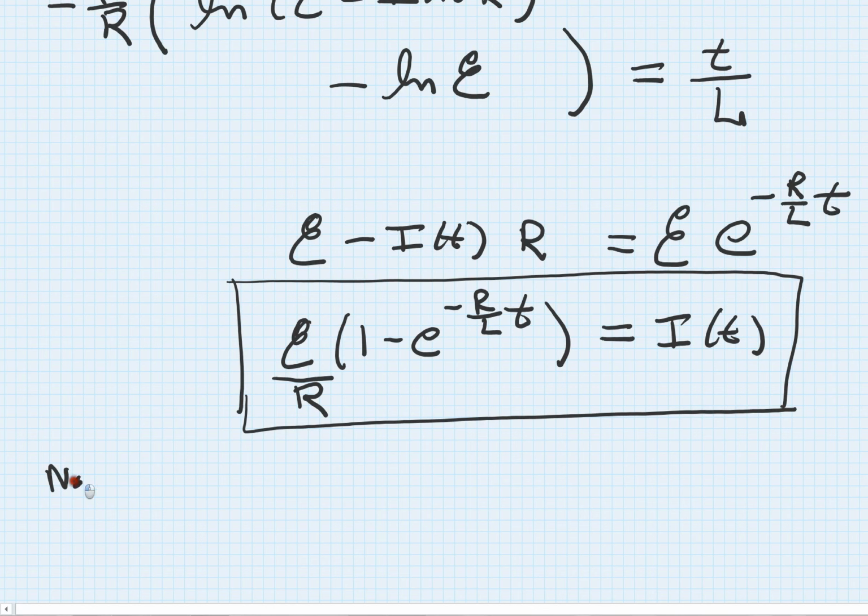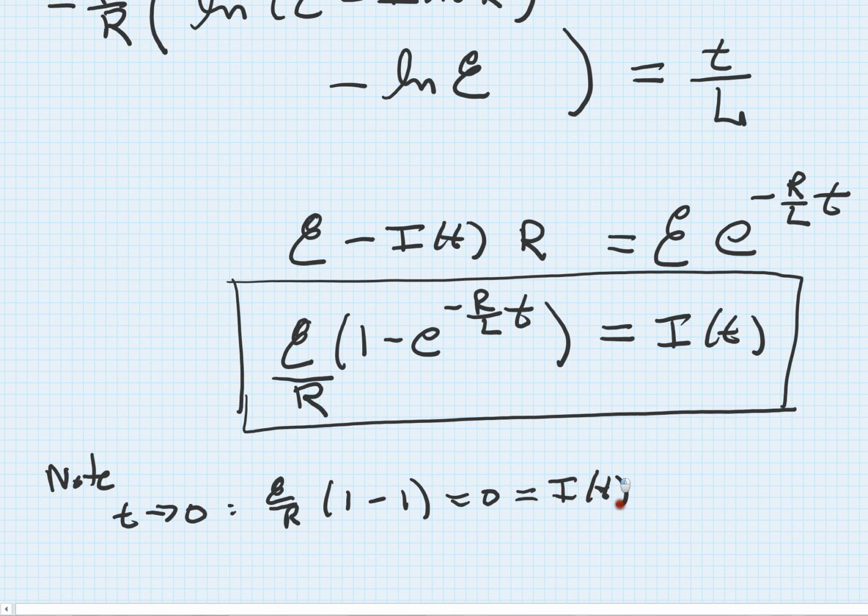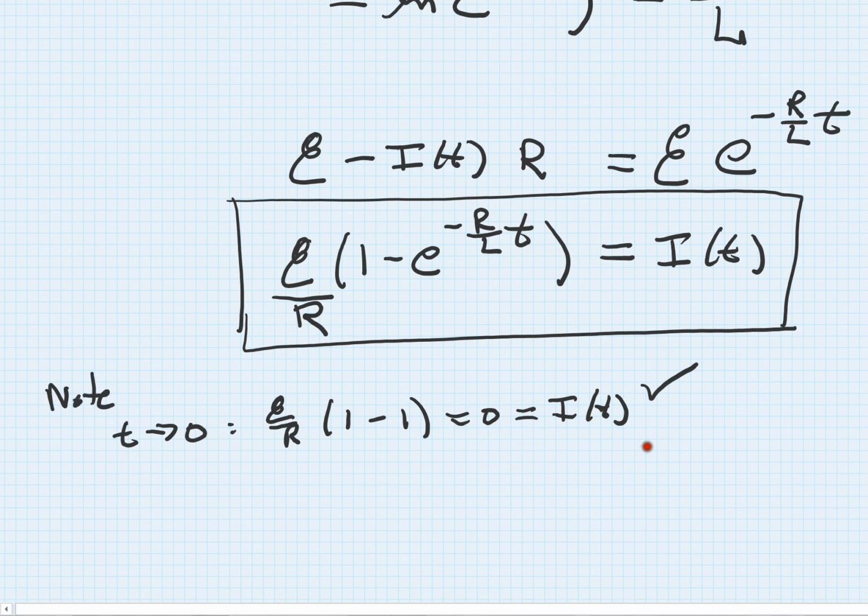Note that for t goes to 0, I get e to the 0, which is 1. So then I have E over r times 1 minus 1, and that gives me 0 for my current. And that's what we had said, right? We had said that that had to be a continuous function.